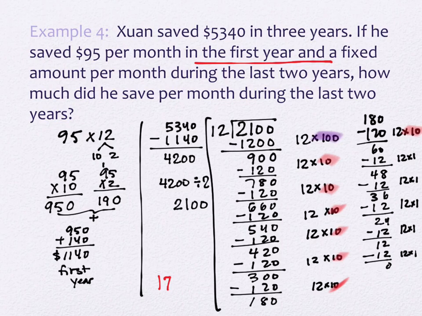Okay. 7. How many ones did we use? 5. There are 5, I believe. 1, 2, 3, 4, 5. So it's 175. And the units are dollars, so we want to make sure we write down the dollars on it.